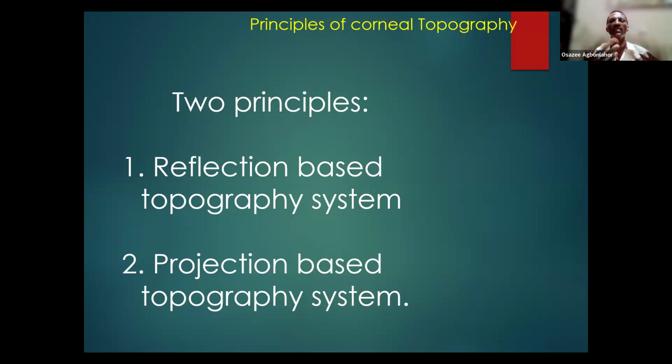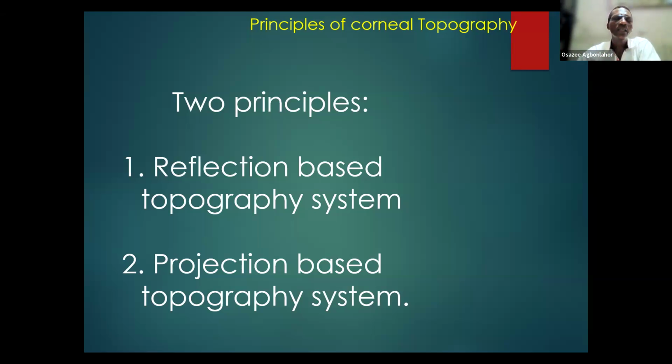How smooth or rough that surface is will be determined by how the image is projected on it. So for reflection-based, only transparent structures can be evaluated because they must reflect, but for projection, you don't necessarily need a transparent surface.